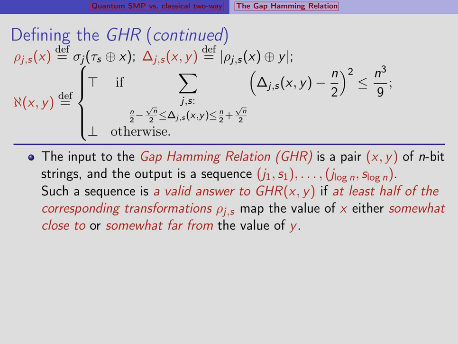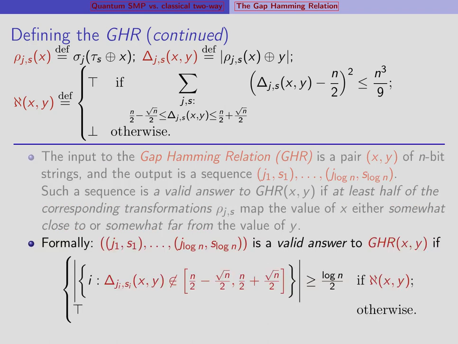Of course, we have to formalize these notions of somewhat close and somewhat far in order to make the resulting problem easy for quantum SMP and hard for classical two-way. And here it is. Here is the technical definition. You can see that the expectation of the value of every delta is exactly n/2, and we require that at least half of the deltas picked by the answer actually have value outside the interval of radius square root n/2 around the expectation.